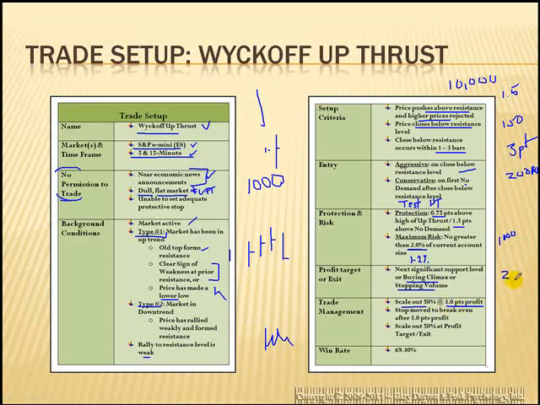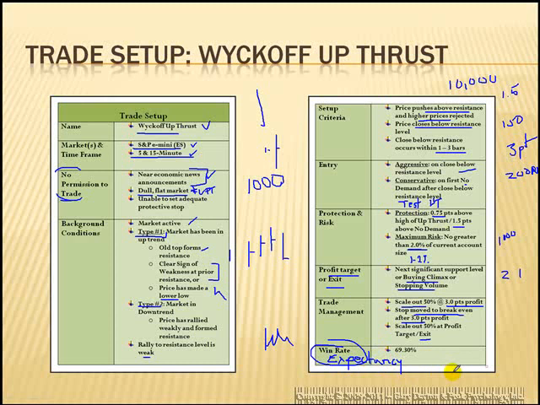So 3 points profit, I take off 1 contract, and I move my stop to break even or tighten it up or whatever, and then I look to the bigger profit target to scale out the rest. Okay, and then in the beginning I talked about win rate, and really you ought to have expectancy in here as well. Both your win rate and your expectancy, and I discussed that a little bit.